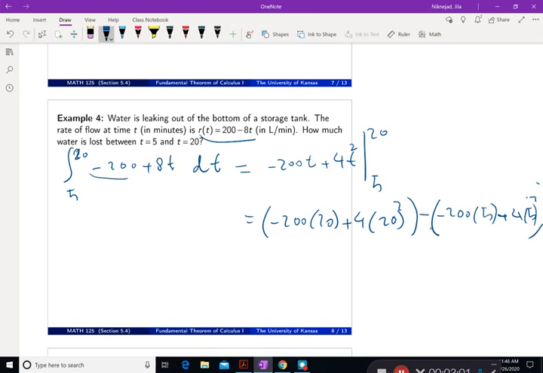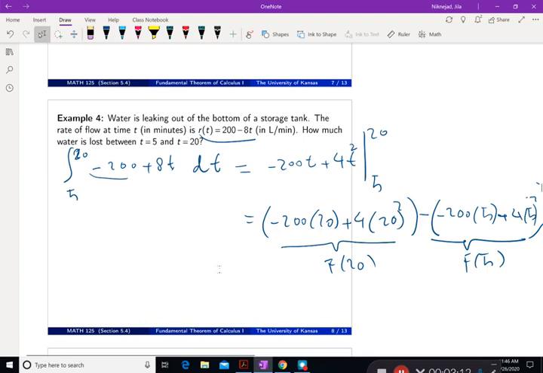power 2. See, big parentheses here because when I plug in 20, this is F of 20, this is F of 5. I have to make sure there are big parentheses separating them, so you distribute this negative sign in there, or compute each parenthesis separately, then subtract. Either way is okay.